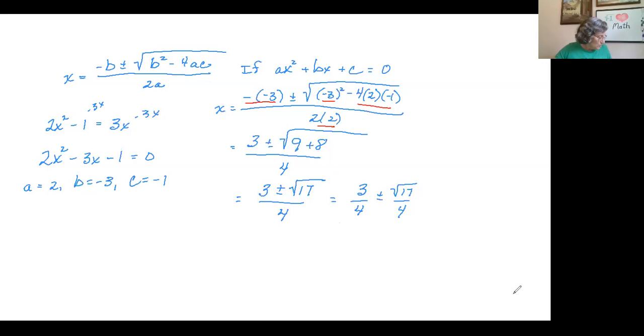So you need to make sure you practice the quadratic formula. Now, what if we had a problem that came out to something like 5x squared plus 10 equals 0.